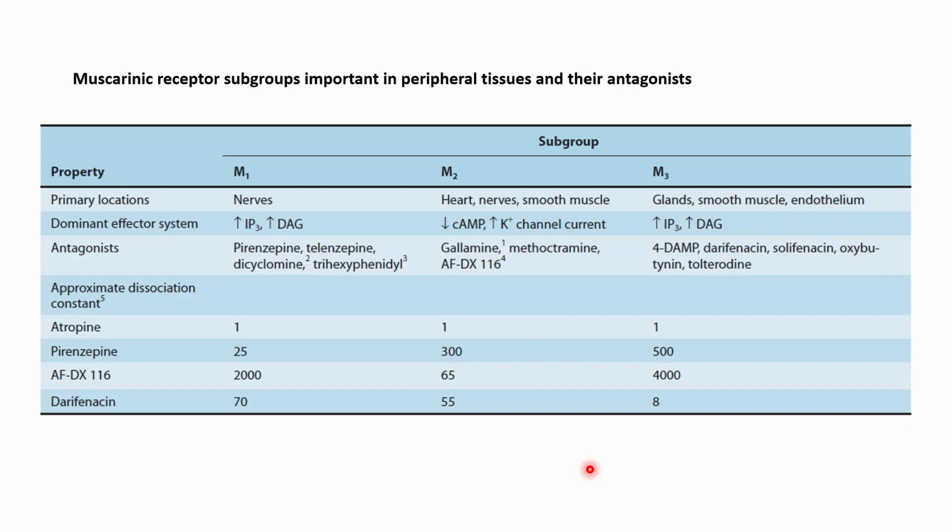Atropine is highly selective for the muscarinic receptors, but it is not selective against the types of receptors like M1, 2, and 3, and that is why it blocks all the receptors.